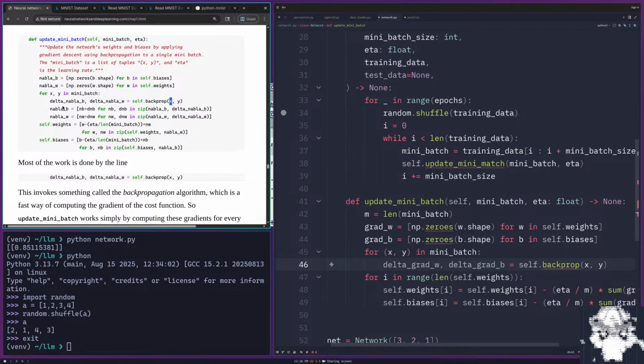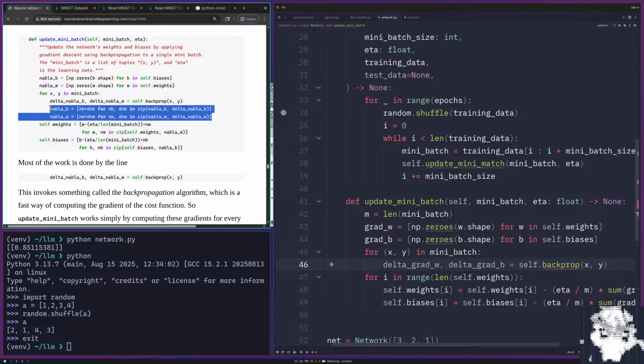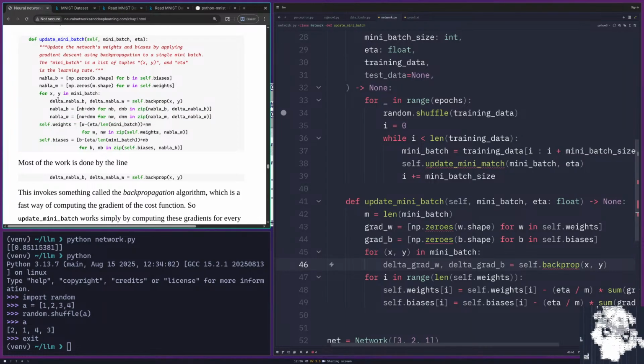Then grad of b, they're saying is, I guess there's a contribution. How do I say this? Delta grad b has a value for every layer in the network.